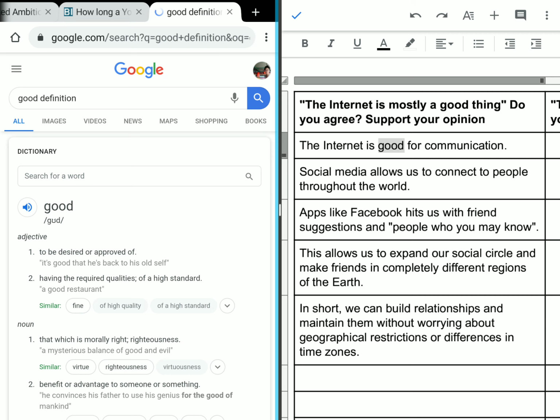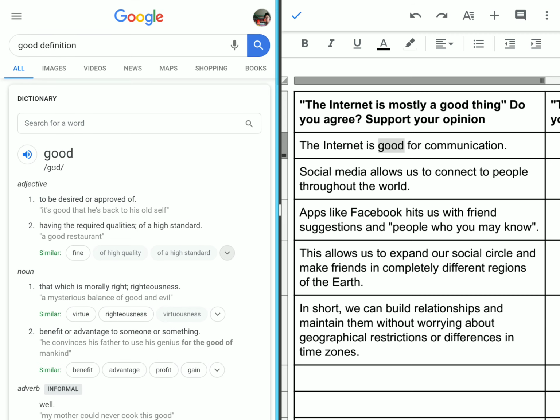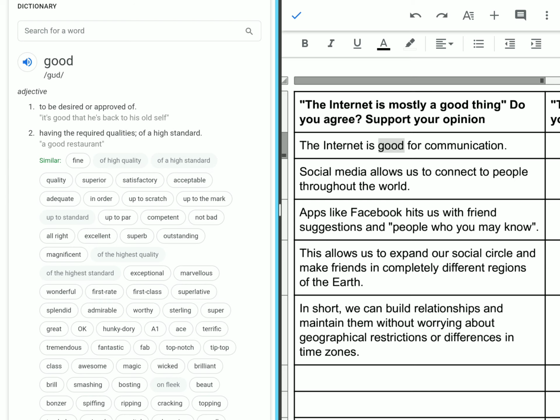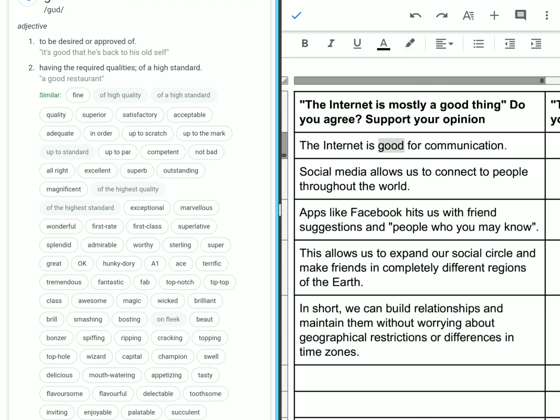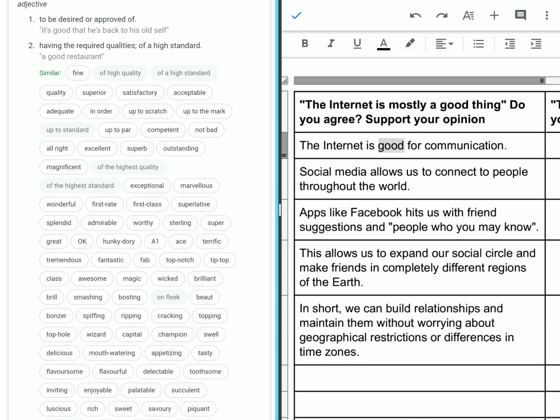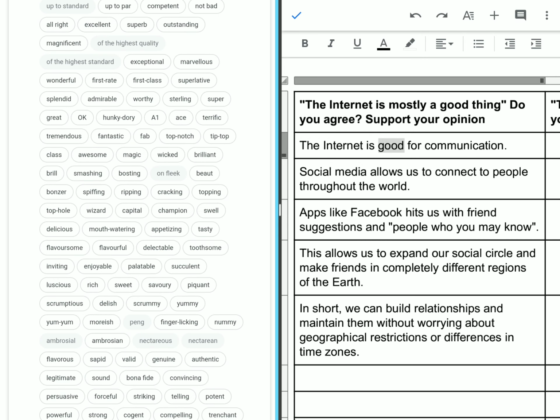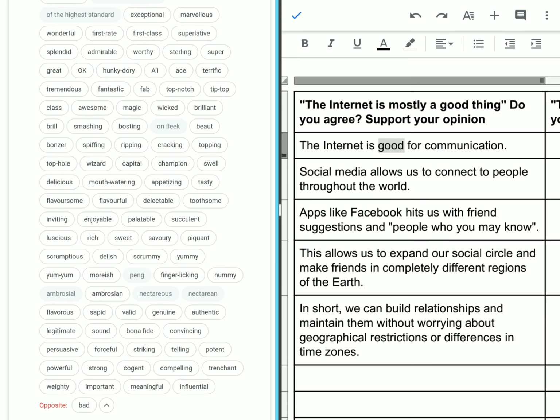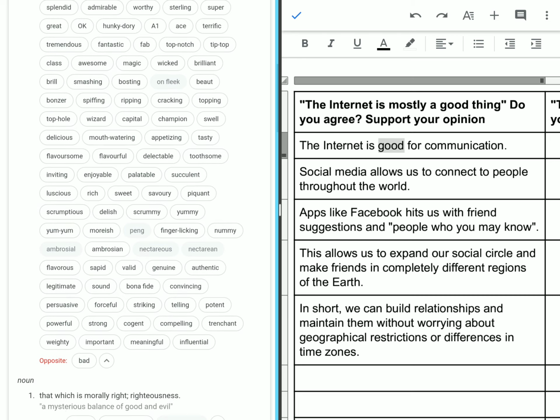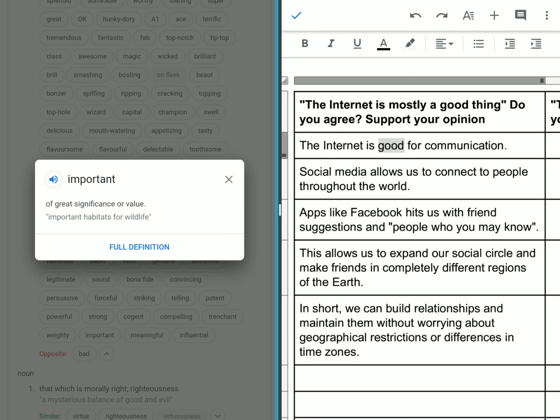Now, as you can see, you open up this bracket and you can see words like quality, superior, satisfactory, acceptable, adequate. Which one of these words would best fit that paragraph? Well, it could be important, like this.